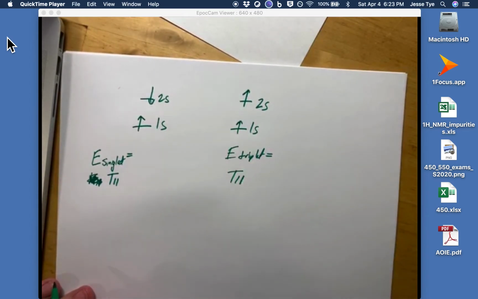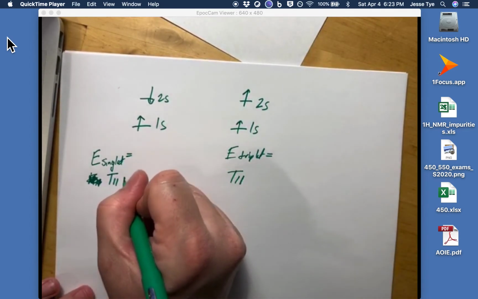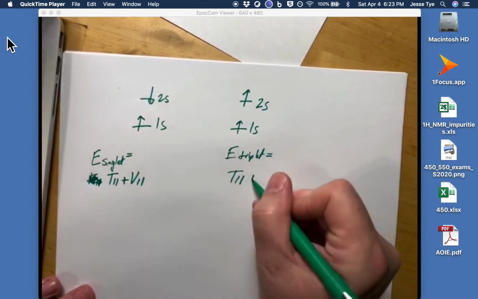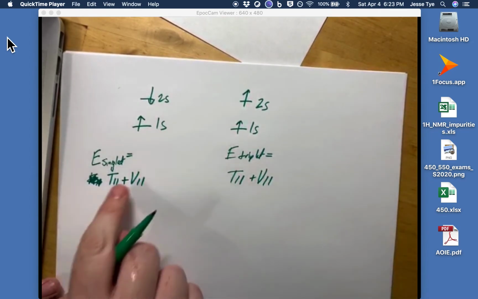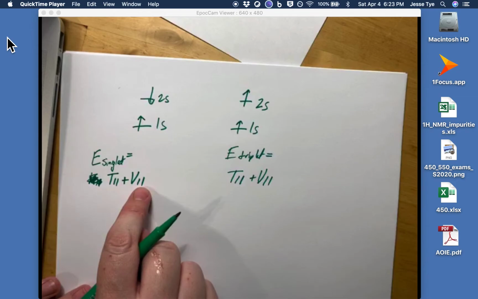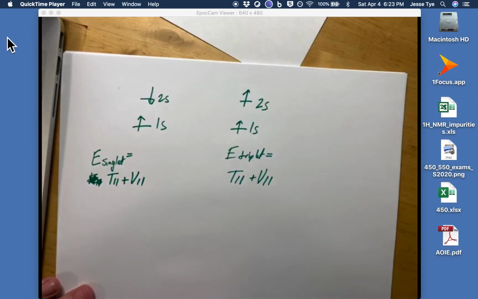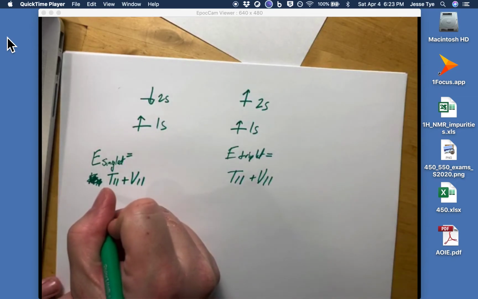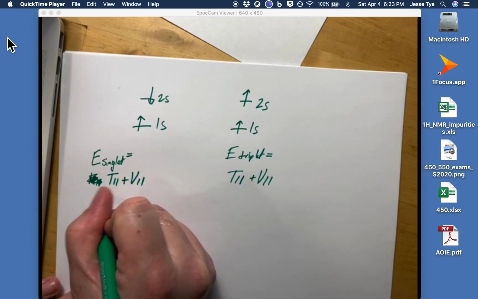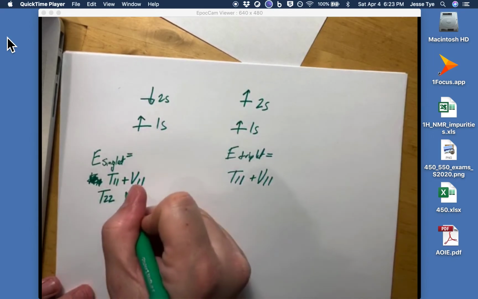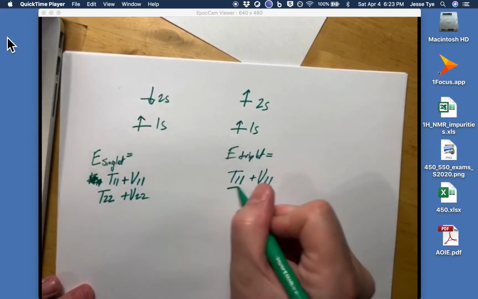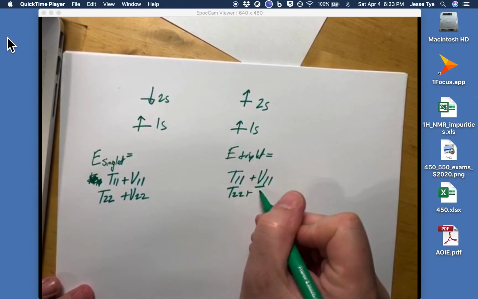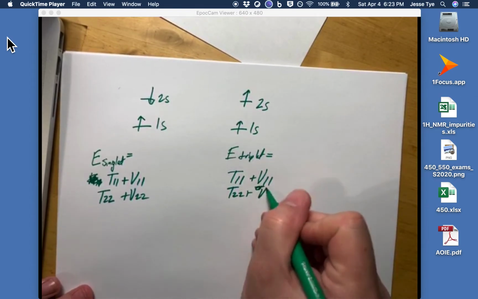And it will also have a V11, both of them will have a V11. That's the attraction between the electron in that orbital and the nucleus. What else is boring is the 2s. So the 2s will have kinetic energy, and it will have potential energy.